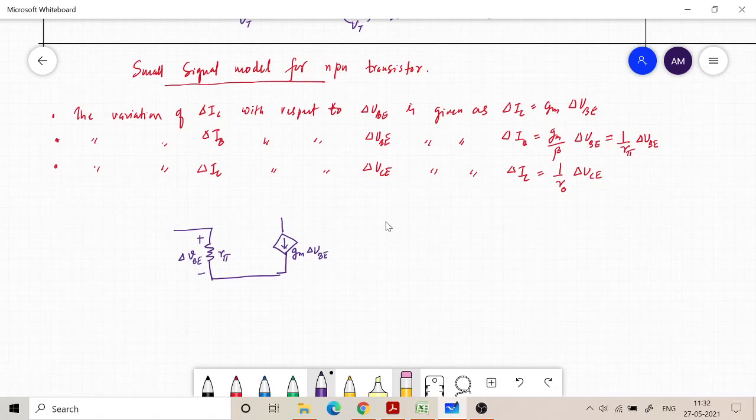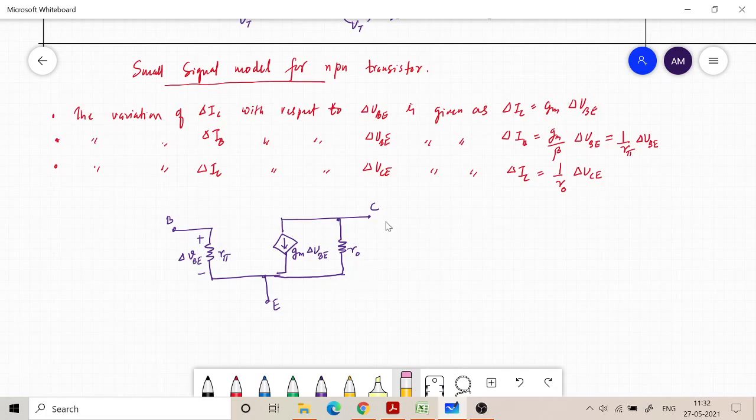Then I have one more quantity here, which is this resistance. This is my R naught. Here is basically VCE. This is my emitter terminal, this is my base terminal, and this is my collector terminal, so this is my small signal equivalent of the transistor.